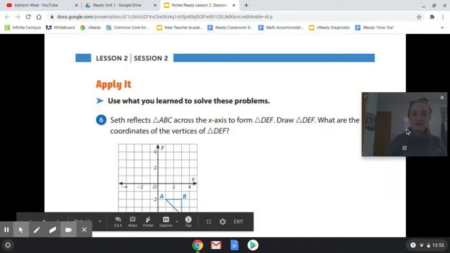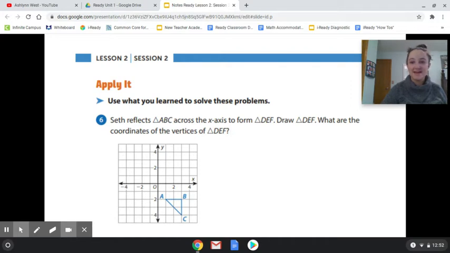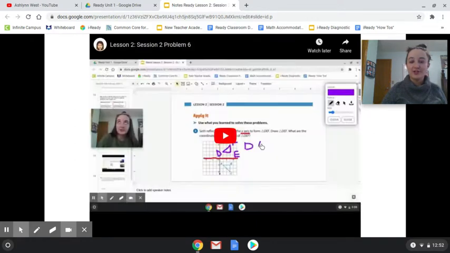So now we're going to do this problem here. Seth has this triangle ABC that he is reflecting across the x-axis to form a new triangle DEF. We want to draw that and then label the coordinates. So again, I'll just show this video real quick.